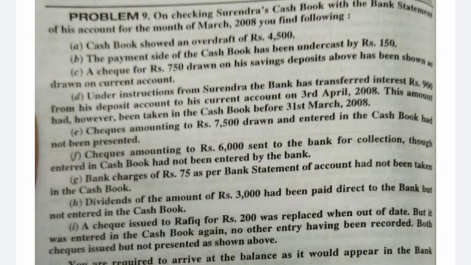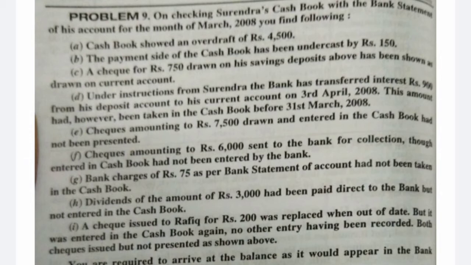Okay. Second one: a check for rupees 750 drawn on his savings deposits has been shown as drawn on the current account.